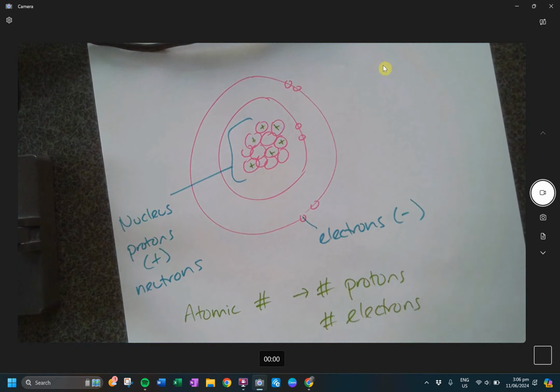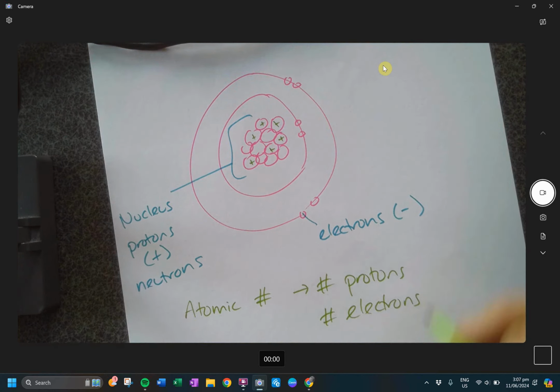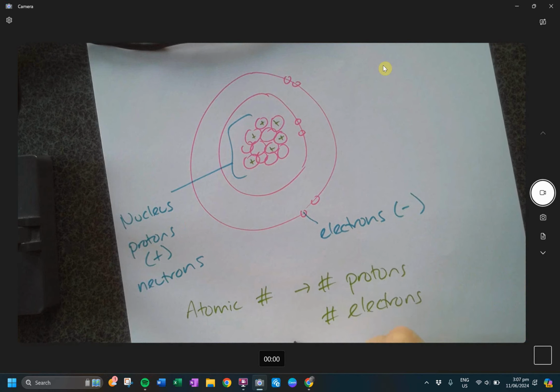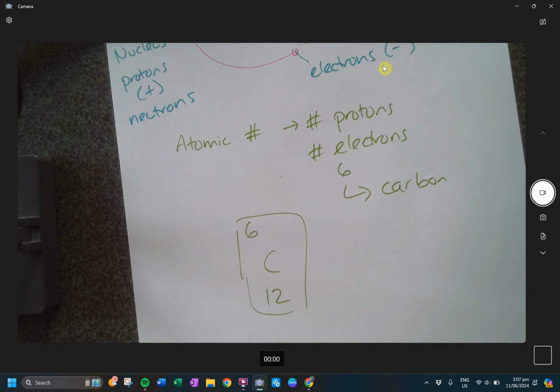All right. In this example here, I have 6 protons and 6 electrons. So we got 6, and 6 is the reference for carbon. So when you look at a periodic table, you would see carbon, you would see the number 6, and you'd see the number 12. So just talking about what I'm seeing here.